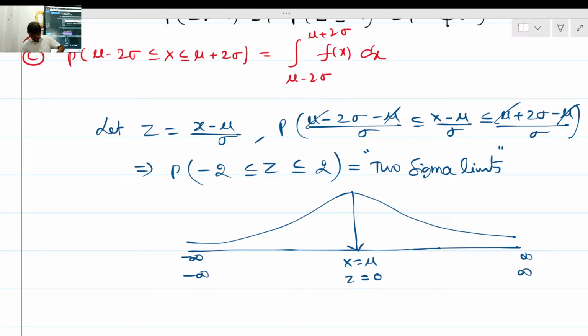Here approximately this is minus 2, approximately this is plus 2. Our requirement is minus 2 to plus 2. Here 1 sigma limits are also a subset of 2 sigma limits. Remember well that the 1 sigma limits are also within the 2 sigma limits.